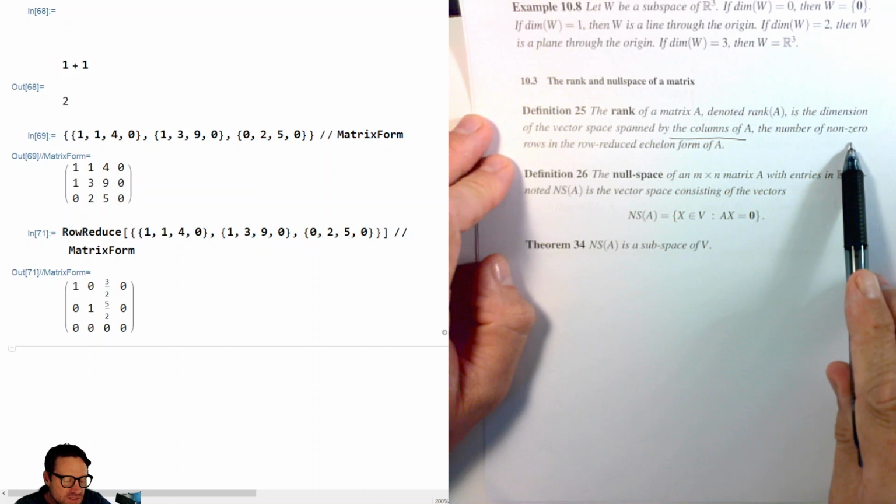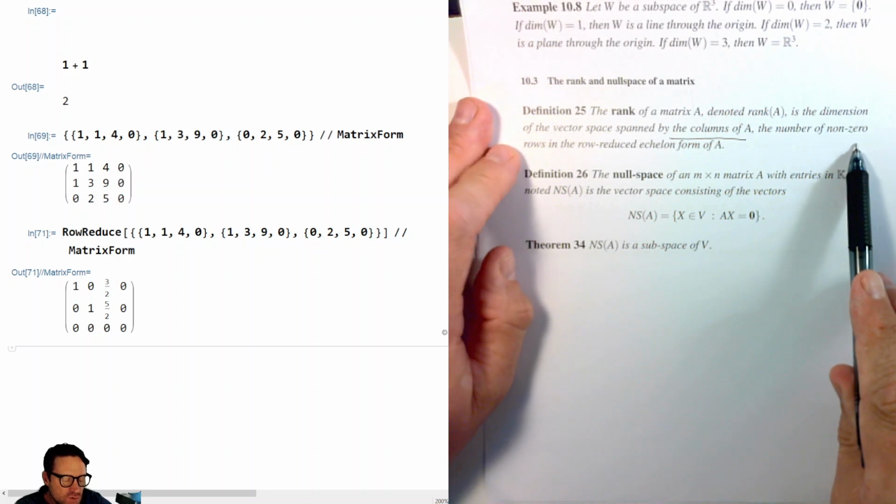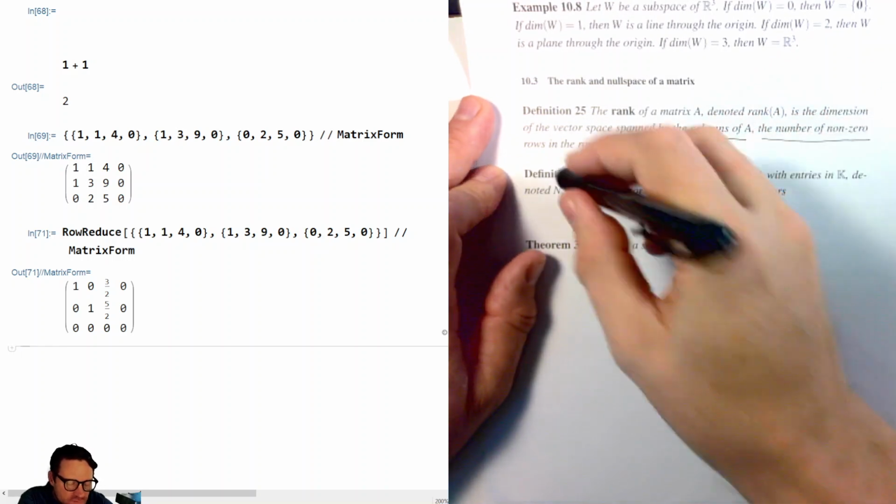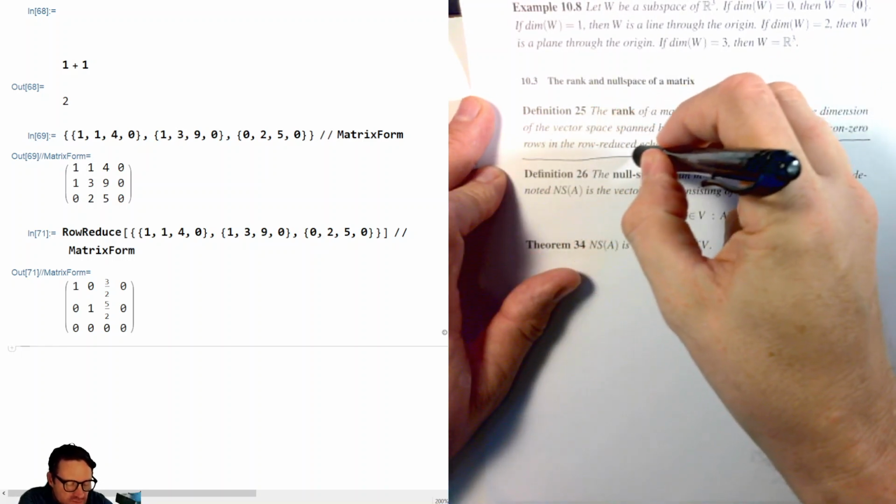The number of non-zero rows in the row-reduced echelon form. So this is the number of non-zero rows in the row-reduced echelon form.